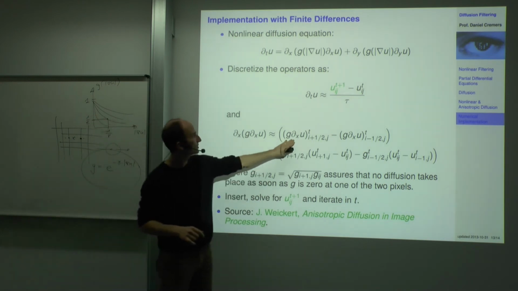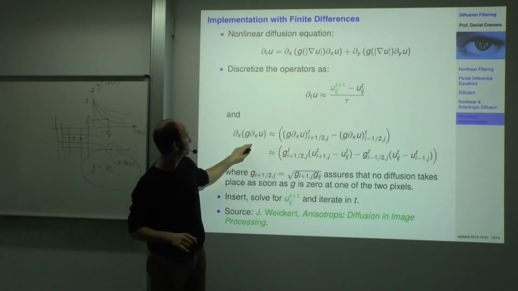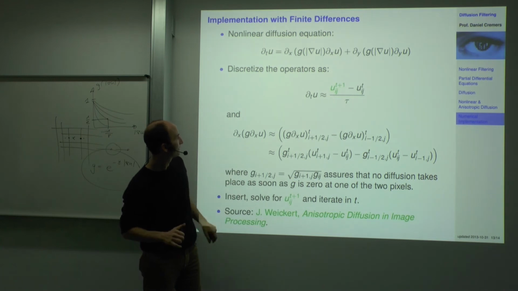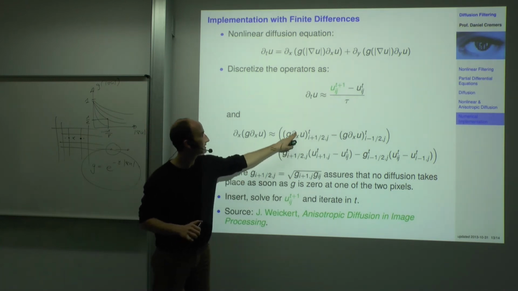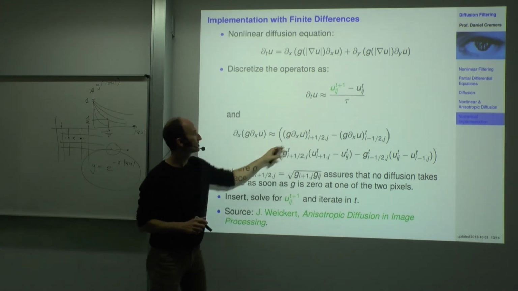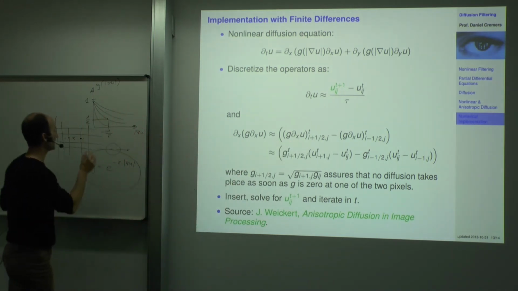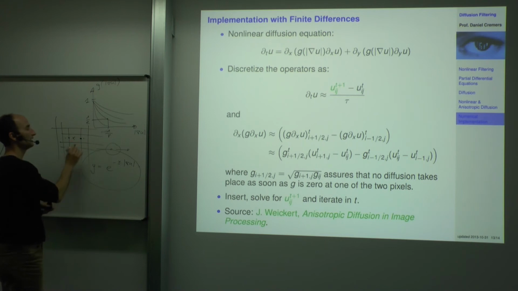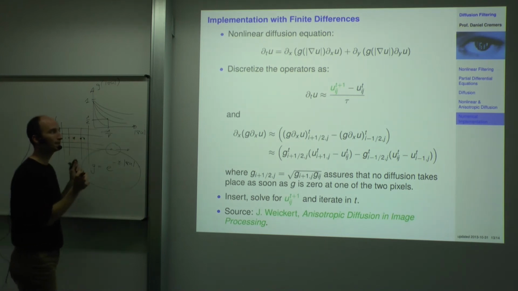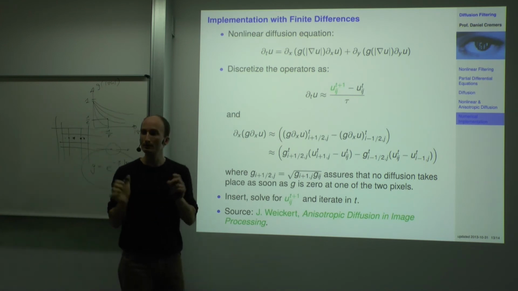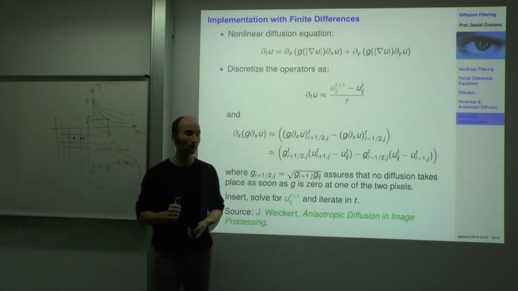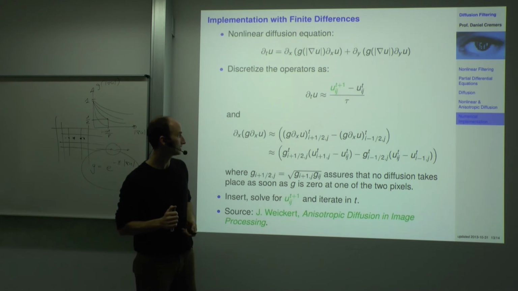Then we discretize this derivative, so we have to evaluate the x derivative at the pixel i plus 1/2. We go yet another half step to the right and a half step to the left, and the consequence is we remain in a 3×3 window around our pixel.